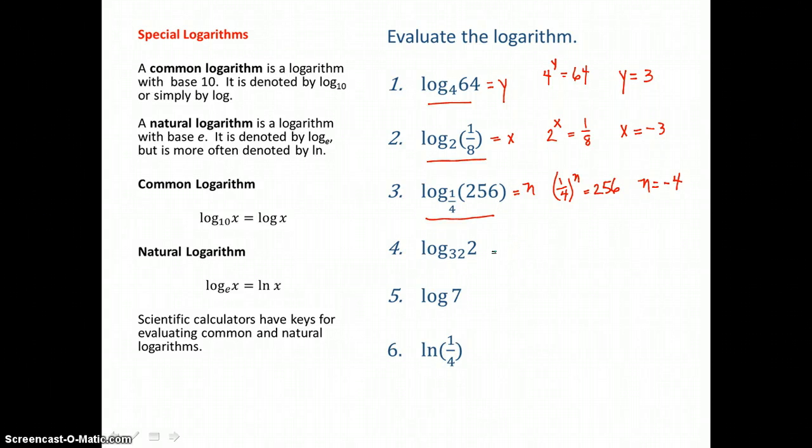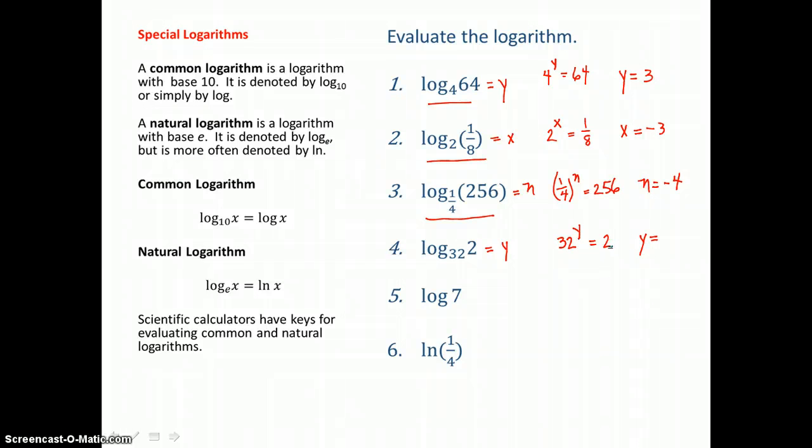Okay, problem 4. Let's go back to y again. So this says the same thing as 32, that's our base, raised to the y power, the log is just an exponent, is equal to 2. Well, what power are we going to have to raise 32 to get 2? Now I know that I have to go from 32 to something smaller, to 2.